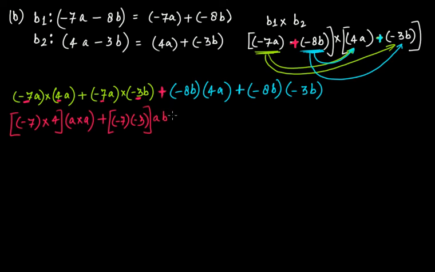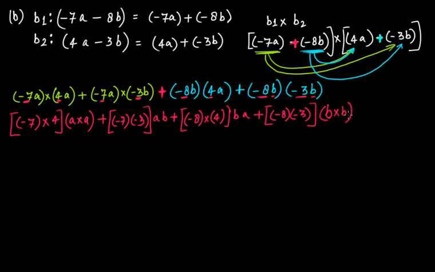Plus sign. You have minus 8 and you have 4, so minus 8 multiplied by 4, then you have b and a. Plus you have minus 8 and minus 3, so minus 8 multiplied by minus 3, and b multiplied by b.